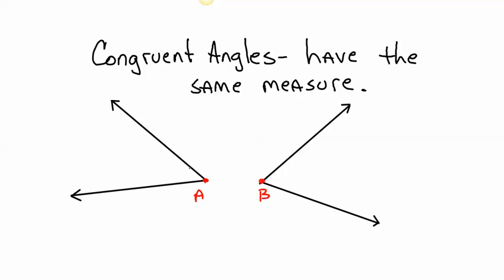This little red arc and this little red arc mean the angles are congruent to one another.